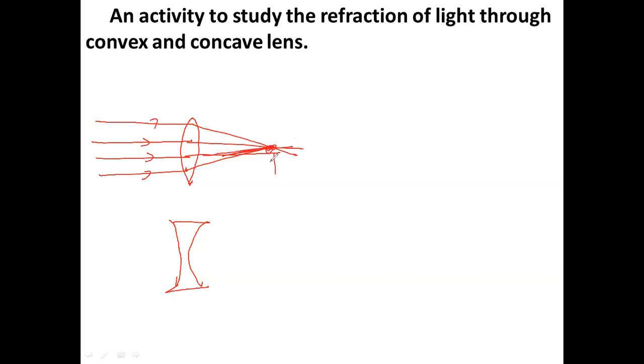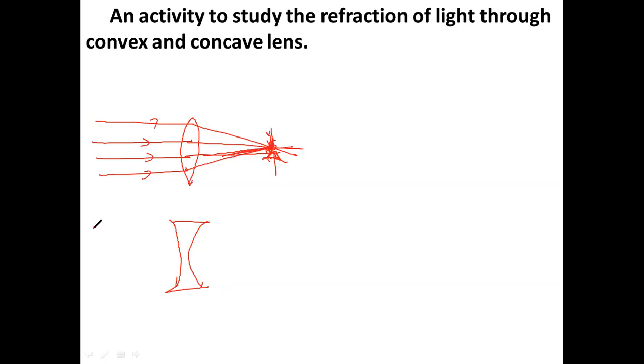If you use a hand lens, the same thing happens. I remember we did an experiment where we used a hand lens and kept small pieces of paper and cotton, and made a fire by using this convex lens.